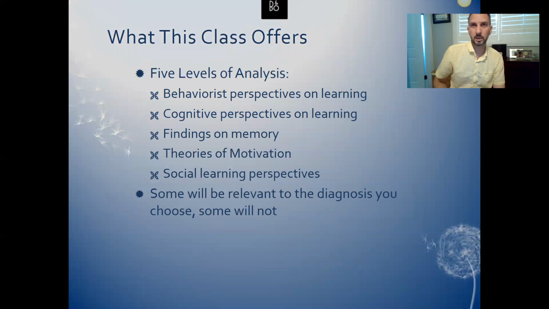So this class offers 5 levels of analysis. Levels of analysis is maybe not the right term, but it offers 5 broad theories about human behavior. The first is the behaviorist perspective, or behaviorism, which is classical conditioning and operant conditioning.